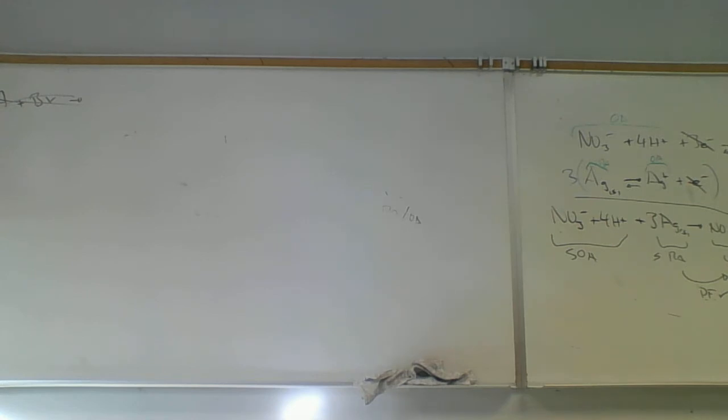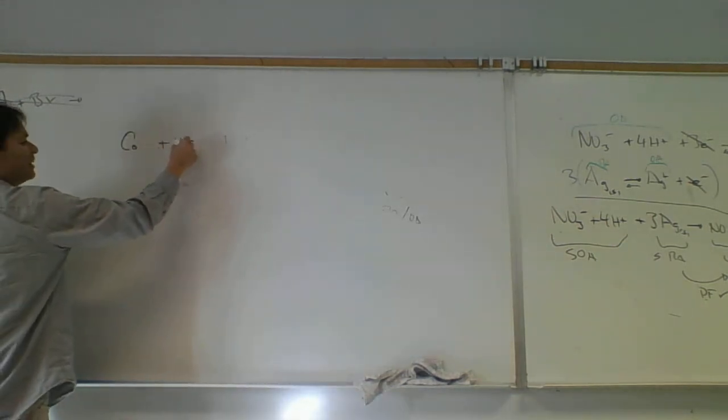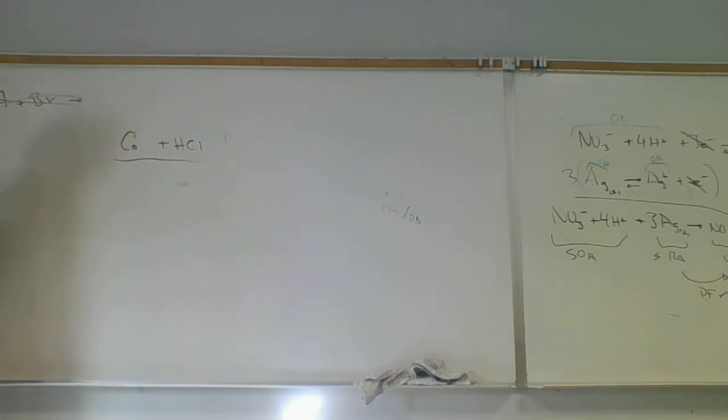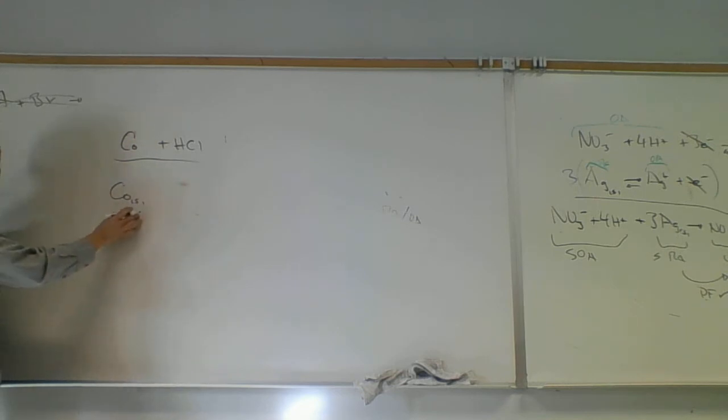Let's look at the first combination: cobalt plus HCl. What do we do with the chart method here? We've got cobalt. Cobalt is a metal, so what do you think? Oxidizing agent, reducing agent, or neither? Reducing agent.